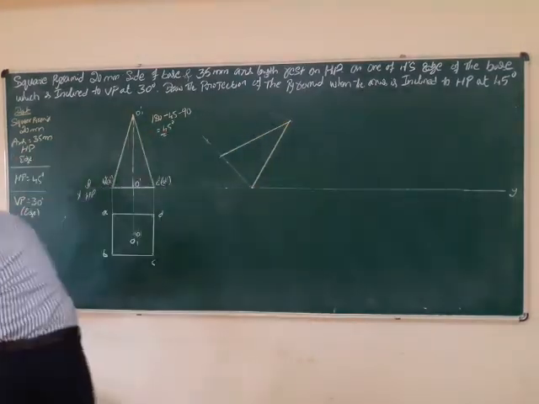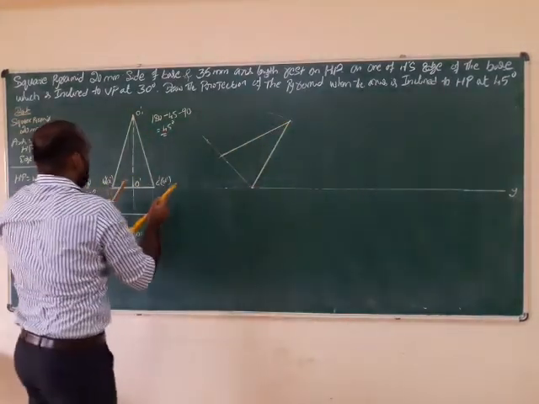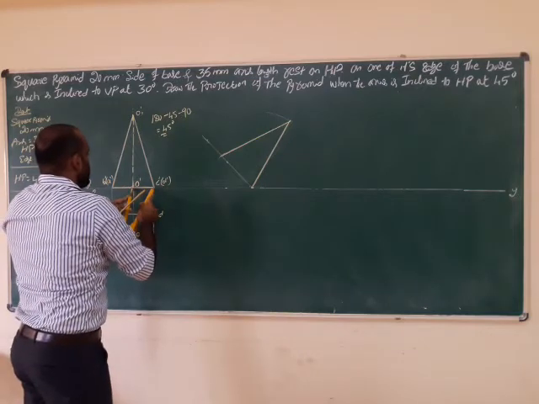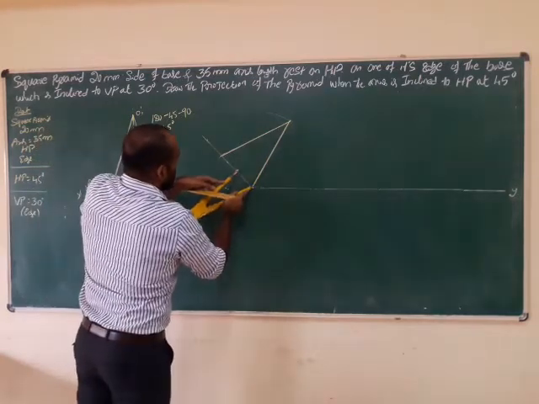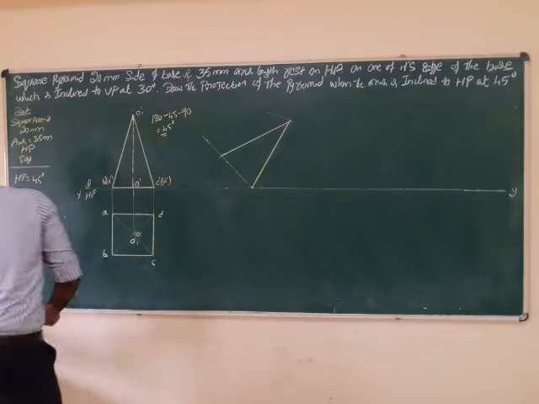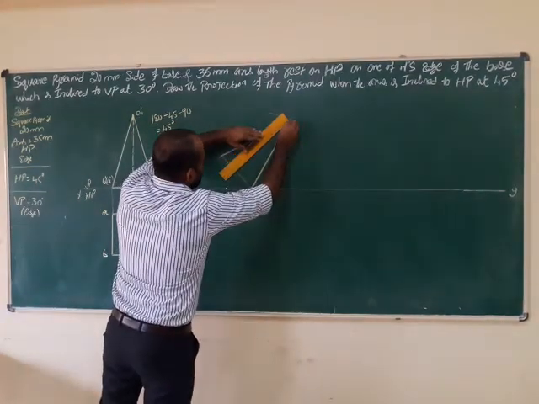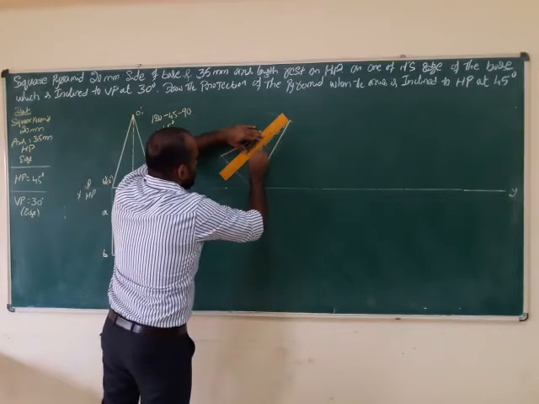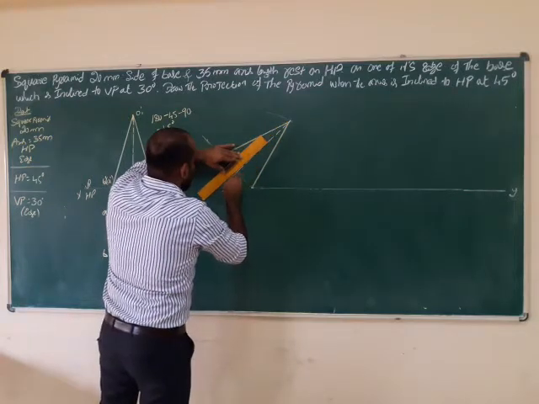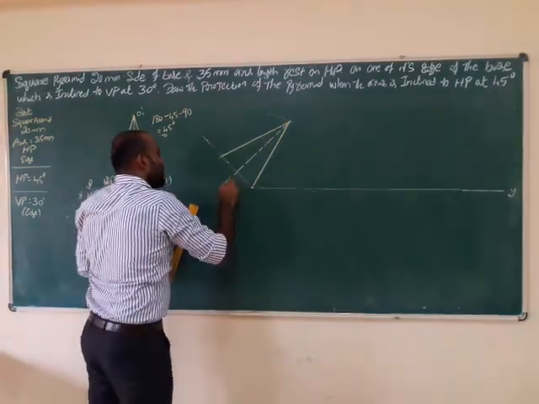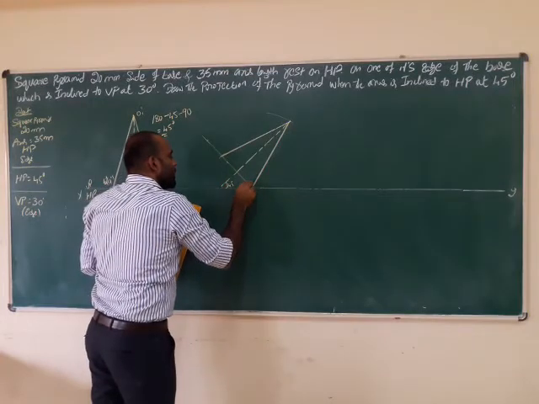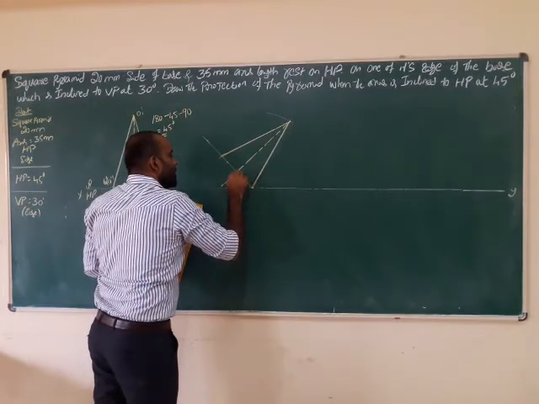The center line C to O is the axis line. The axis line is 45 degrees. This is also 45 degrees. This is a 90.